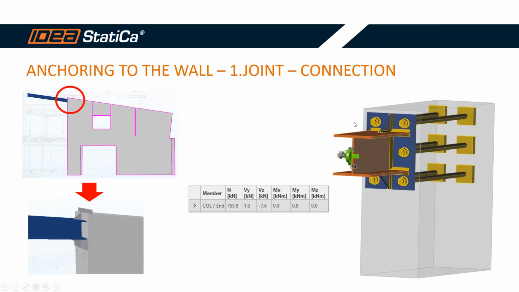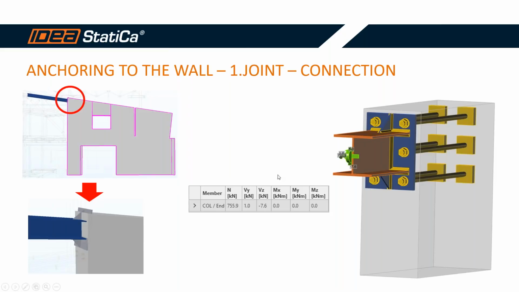This is a typical joint anchored to the wall or concrete block, and we will use the analysis from IDEA StatiCa Connection to receive the tensile forces in the anchors.